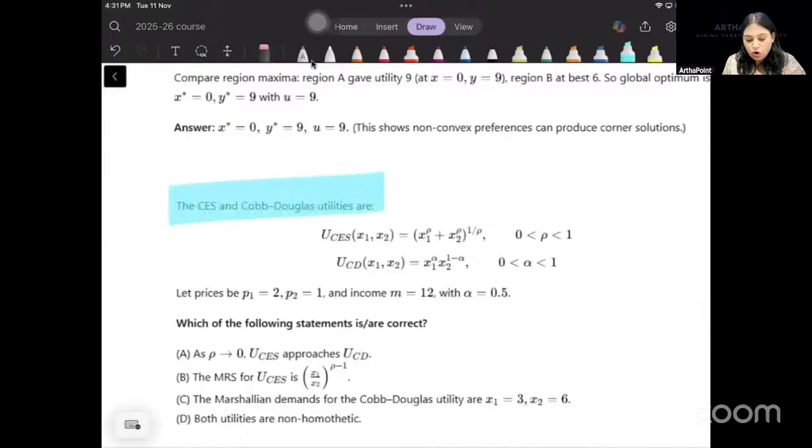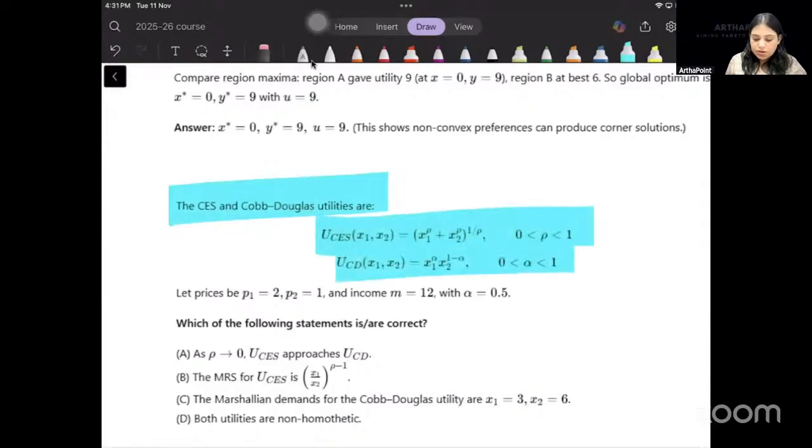The CES and Cobb-Douglas utilities are given to you. Let price be 2 and 1, income be 12, and alpha be 0.5. Which of the following statements is or are correct? You have to tell me about the first one, about A. Think.